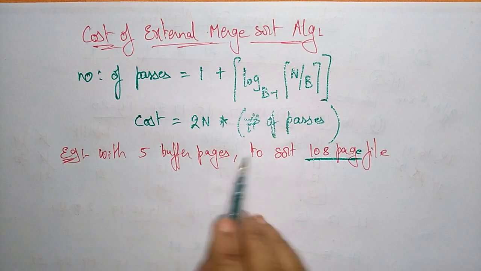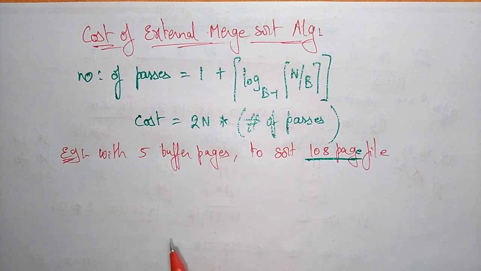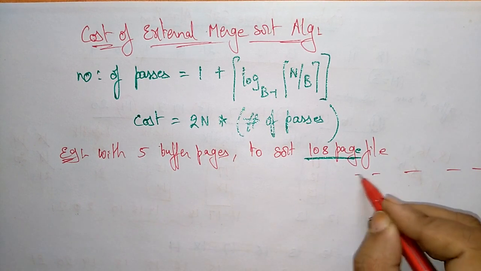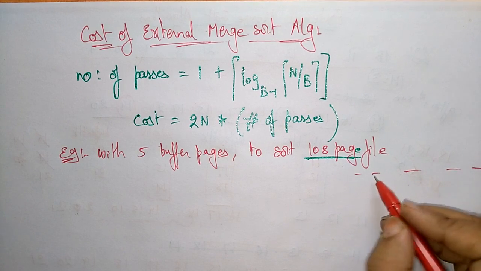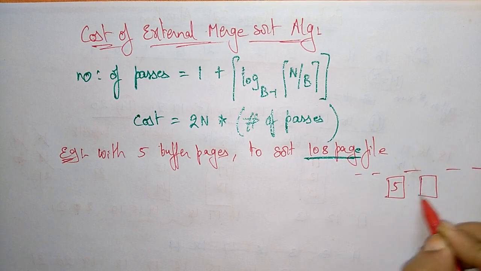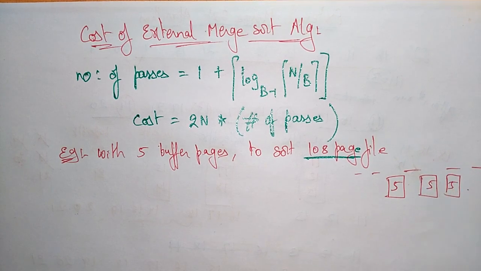There are 5 buffer pages, so in each buffer only 5 pages will be stored.